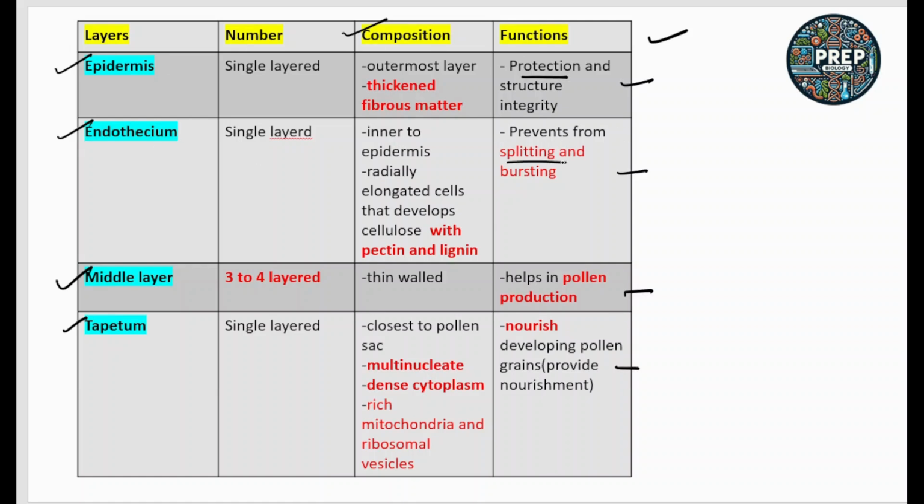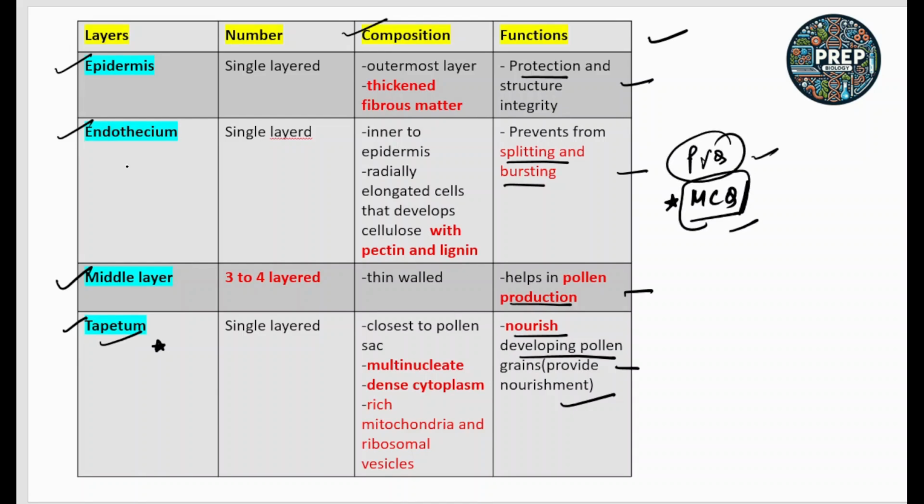Endothelium prevents splitting and bursting of the pollen. Middle layers help in pollen production, and tapetum, which is the most important layer of the anther, nourishes the developing pollen grains. This chart itself is very important. MCQs and PYQs have been asked on it in previous years.